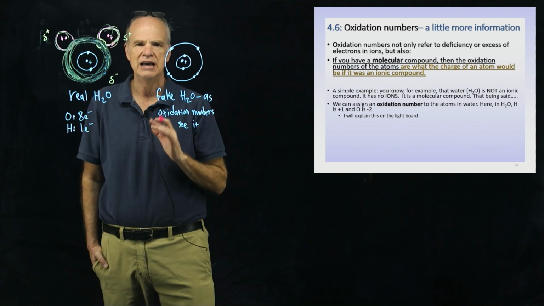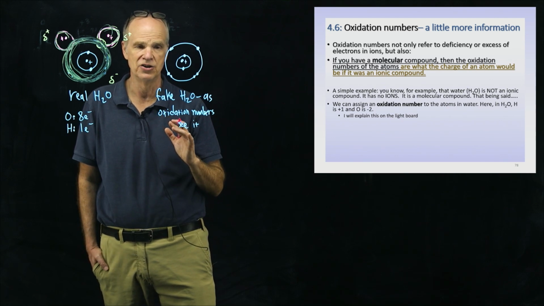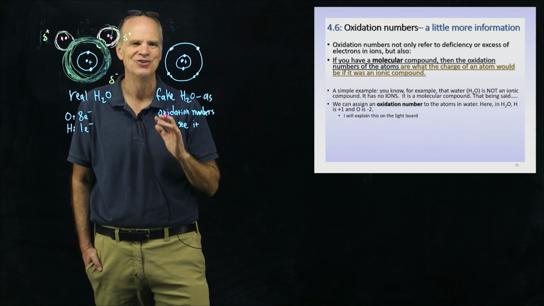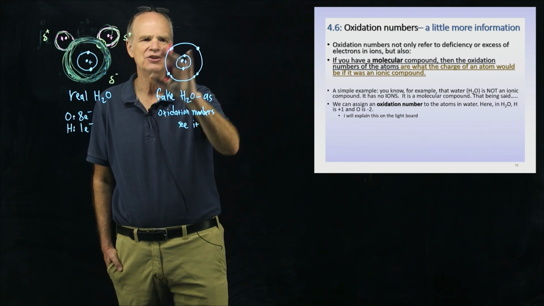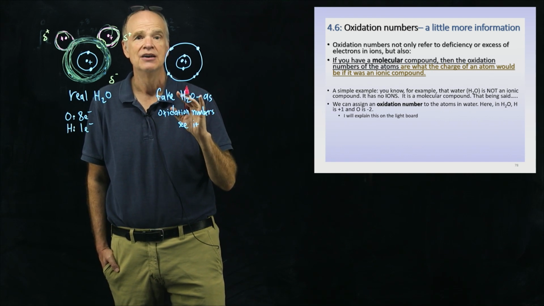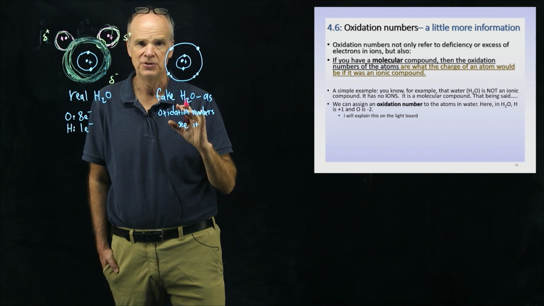molecule. Now, when you're thinking about oxidation numbers, it imagines water to be looking a little bit different. So let me show you how oxidation numbers imagine the water to be looking like. So here is the oxygen atom. Let me go ahead and put in the hydrogen atoms. How does that look in the oxidation number picture of water?